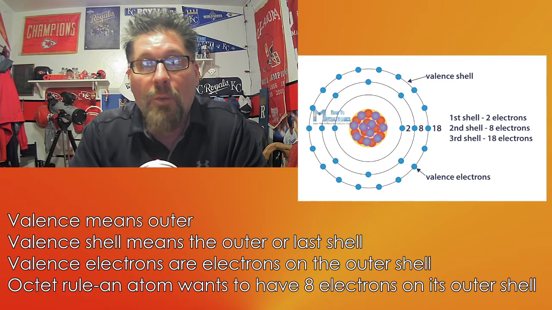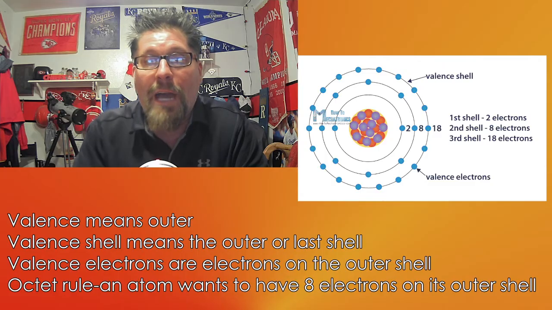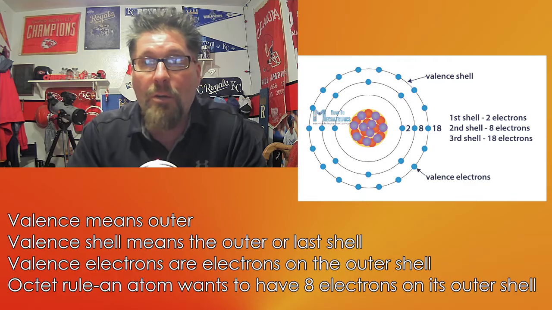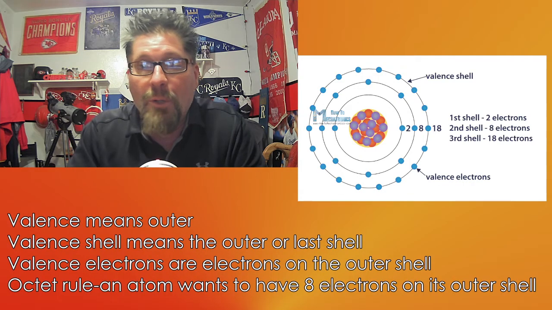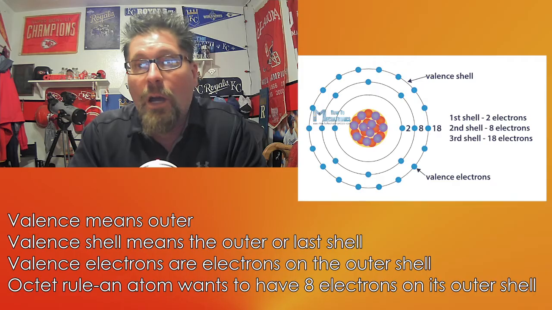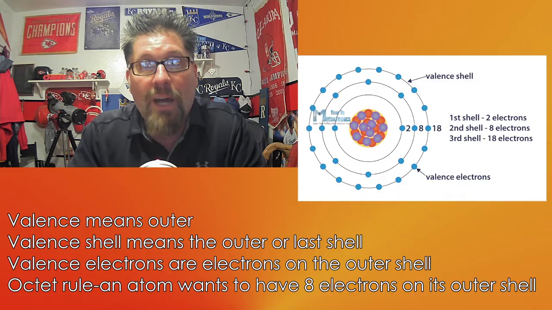When we say valence shells, we're talking about the outer shell or the last shell. As you can see in the diagram, this particular atom uses three shells to house its electrons. And so the outer shell, or the valence shell, would be the third shell.